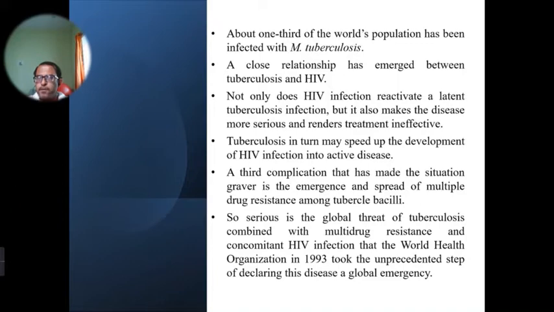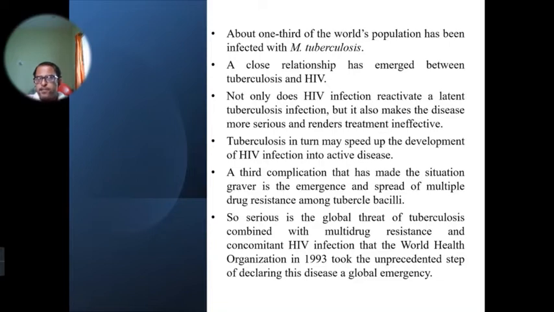And one more complication which is developed there is that this situation makes it more serious. The third complication which is detected here makes the situation more serious because there is an emergence and spread of multiple drug resistance among the tubercle bacilli.